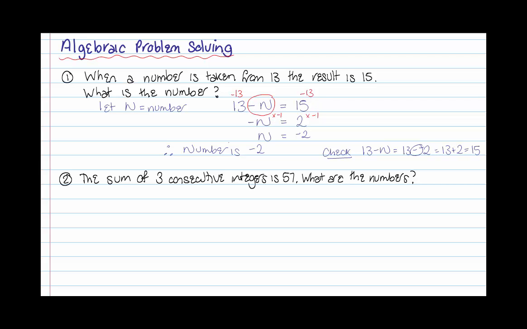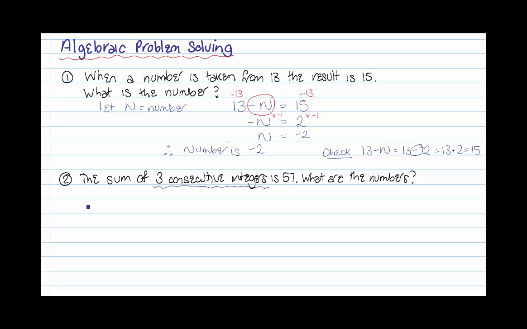Now my next one: the sum of 3 consecutive integers. What you need to think of is that an integer is a whole number. So if my first number is 3, then the next consecutive integer, meaning one after the other, would be 4. The next consecutive integer would be 5. What you're doing to get the next number is adding 1.